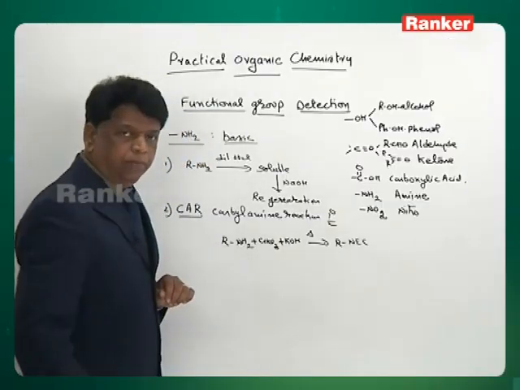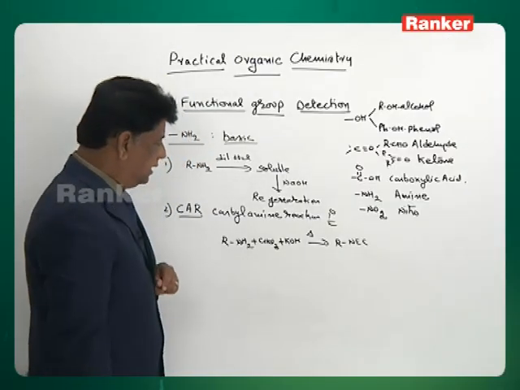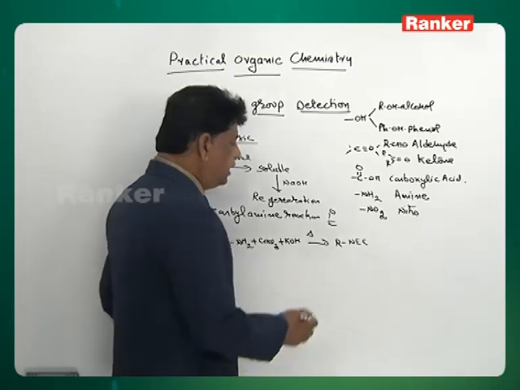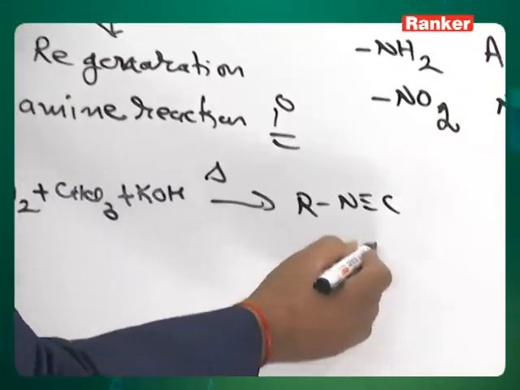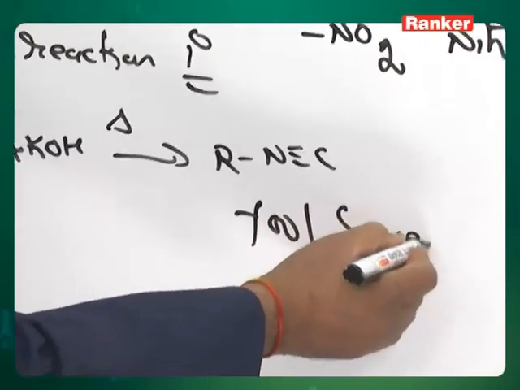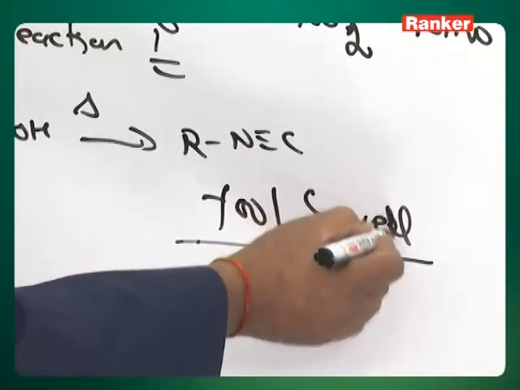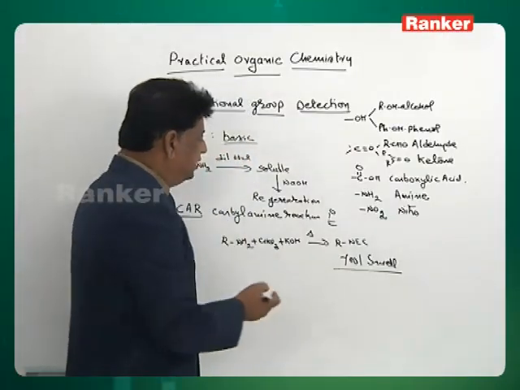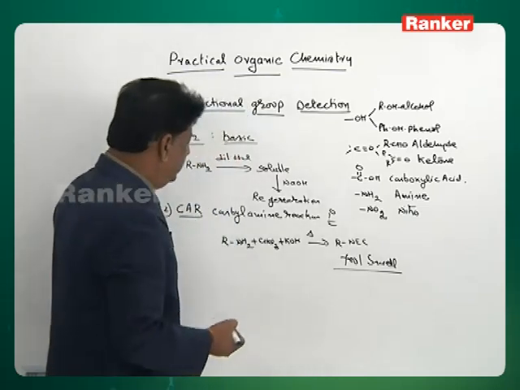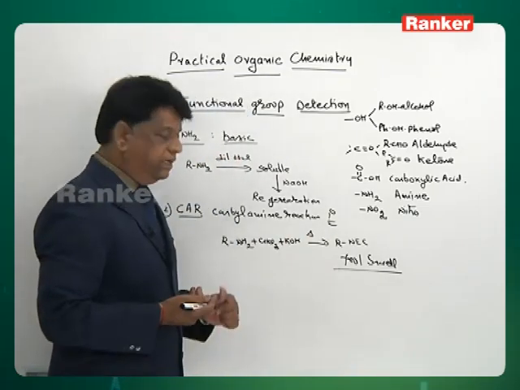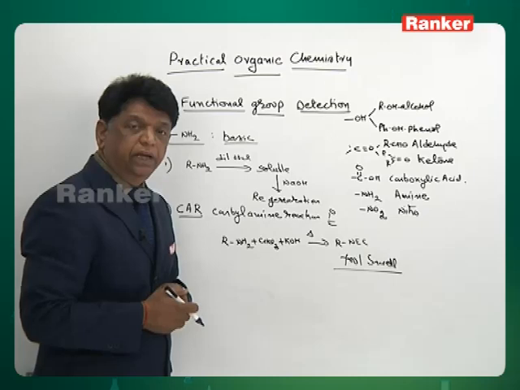These NC compounds are called isocyanides or isonitriles. Isonitriles will have a foul smell, a very bad, offensive smell. Because of this smell, one can easily identify the formation of isocyanide, thereby confirming 1 degree amine presence.